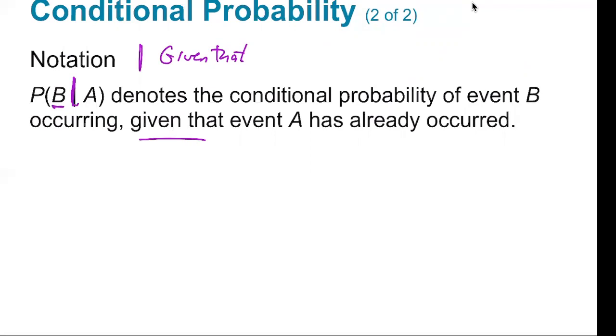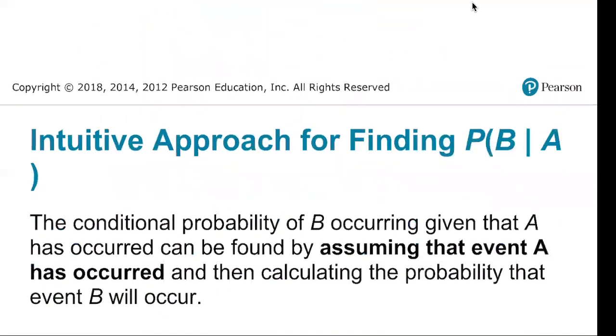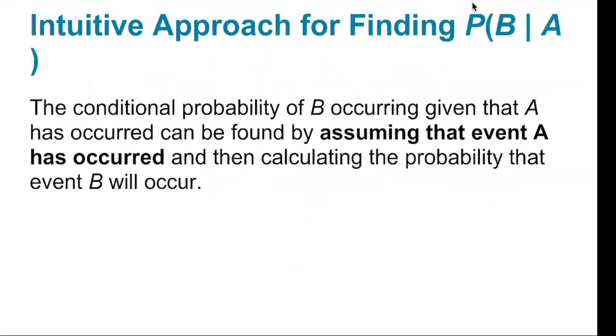We did this like dealing 2 cards. What's the probability of 2 aces? Well, the probability of the first ace is 4 over 52, but now there's a condition on the second one. There's only 3 aces left in the deck, and there's only 51 cards left in the deck. So the fact that A occurred affected the probability of event B. But we're going to do this differently with tables. We're going to do the intuitive approach.